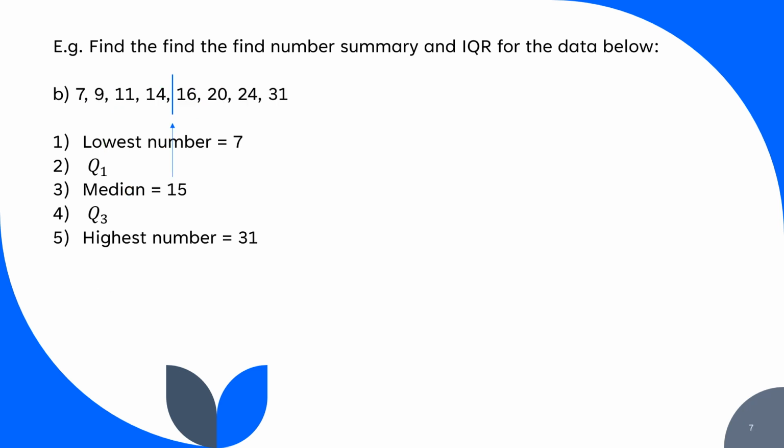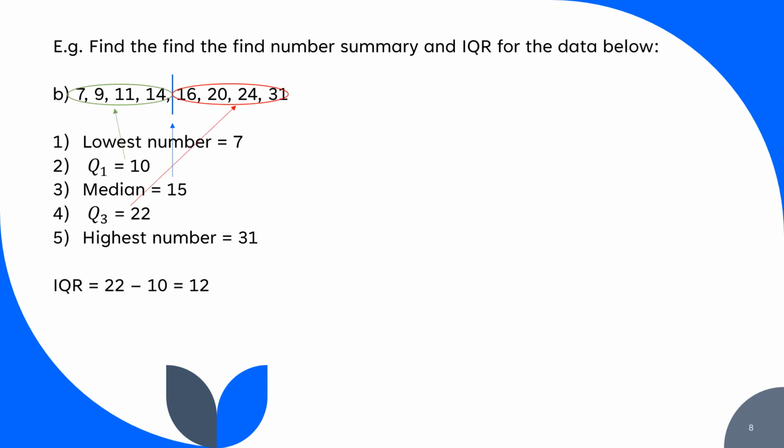For our second set of data, the lowest number is 7, the highest number is 31, and the median is between 2 numbers, between 14 and 16, so the median is 15. Because there's an even number, Q1 will be the middle of the lower 50%, and Q3 will be the median of the upper 50%.